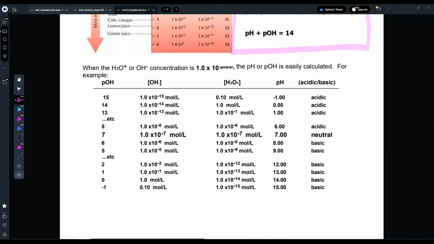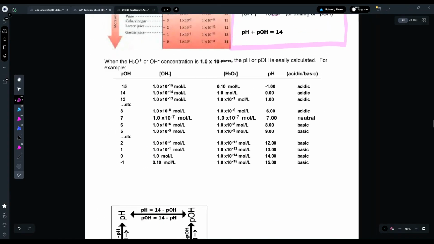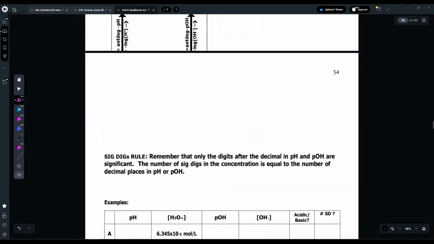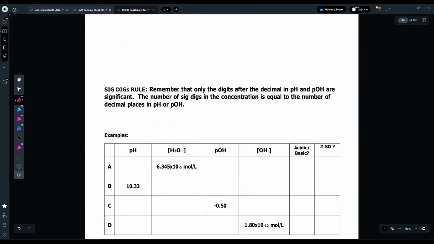So for this next section, you can read through it on your own, but moving on to the next page, we do need to talk about sig digs, because with pH and pOH, the rules are a little bit different than normal.